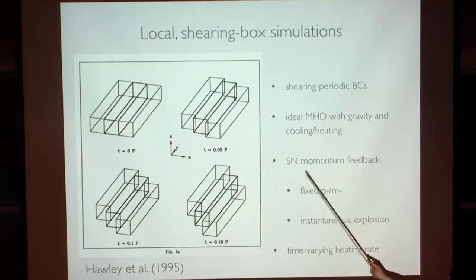In this simulation, the important thing is the supernova momentum feedback. We just fixed the momentum injection per supernova event, and each supernova event is considered as an instantaneous explosion. When we form a dense cloud, we don't really follow any stellar evolution, and we don't really follow the real evolution of a supernova remnant.